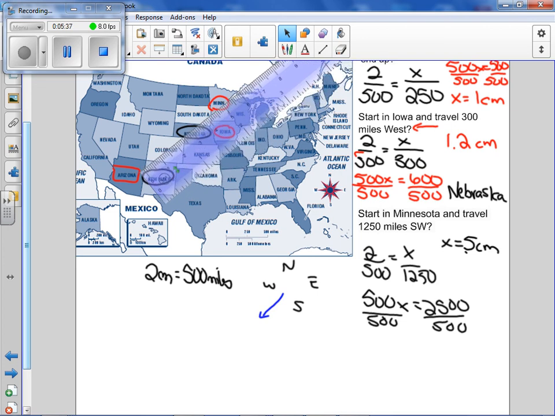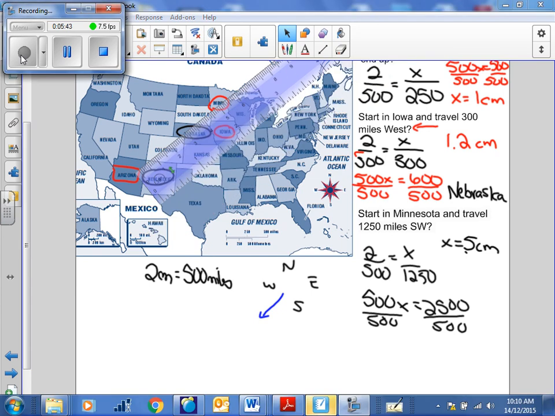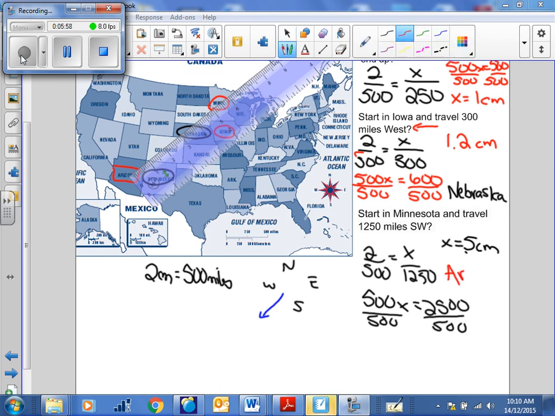And I'm going to go 5 centimeters. So I take my ruler, and again, if I'm going 5 centimeters, so I have it right on the border, I end up in Arizona. So the answer here is Arizona.